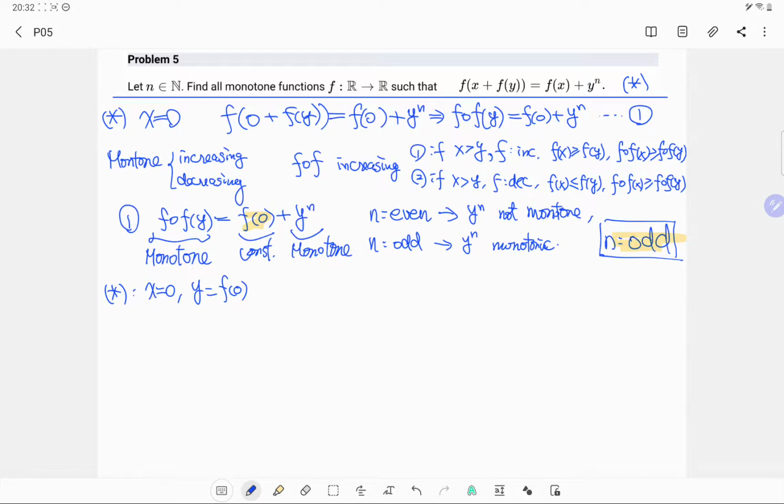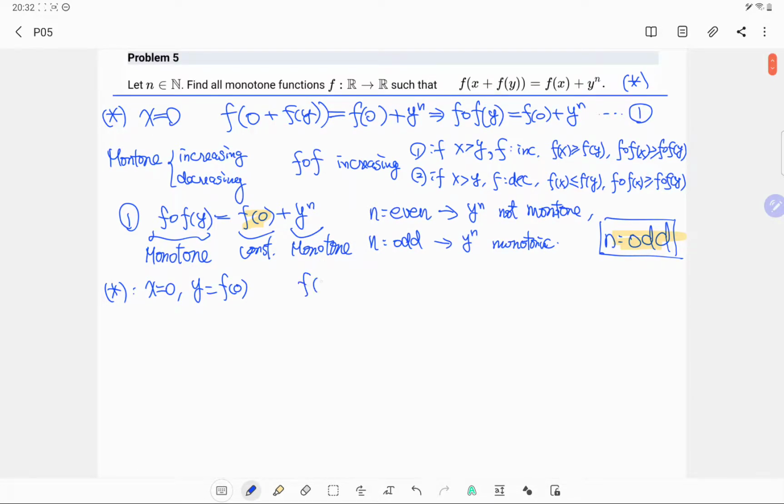So we will have f(0) + f(0) equals f of the quantity f(0) plus f(0) to the nth power.